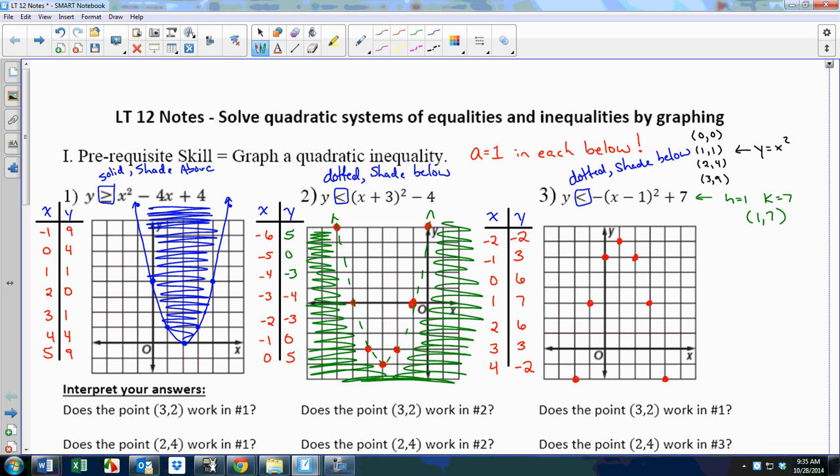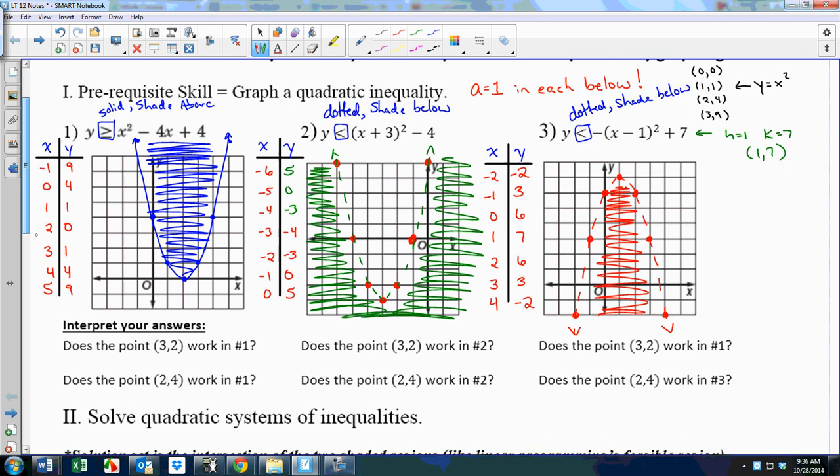And then number 3, again dotted. Shade below, so this time it would be inside of the parabola.